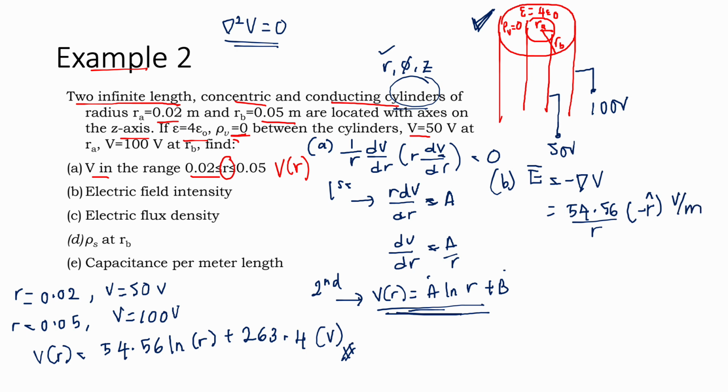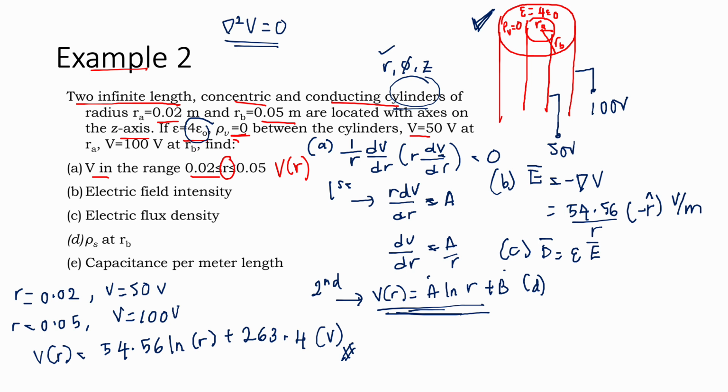For C, you need to determine the electric flux density. So D is equal to epsilon E. This one I leave to you guys, you can do it by yourself. Epsilon is equal to 4 epsilon naught, multiplied with the E that we have obtained earlier.